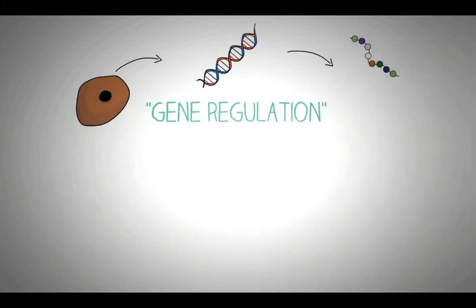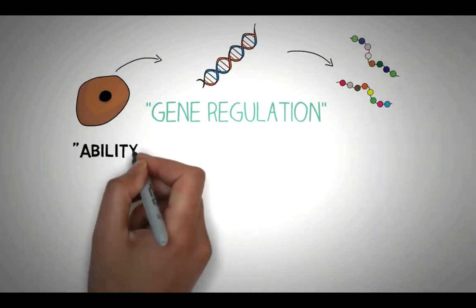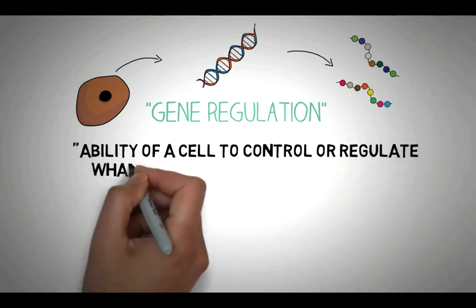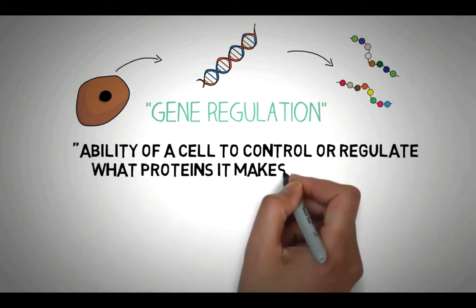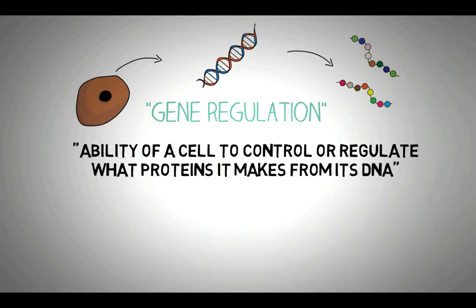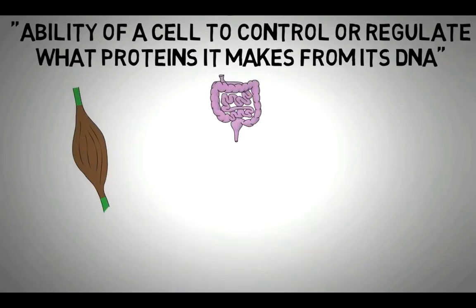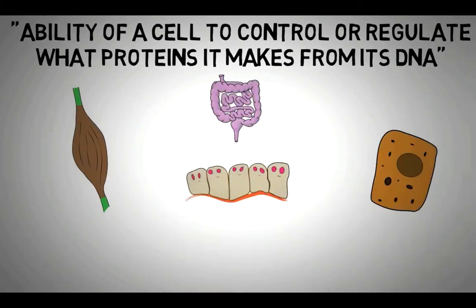Gene regulation, in the simplest terms, is the ability of an organism to control or regulate what proteins it makes from its DNA. In our body, we have numerous types of tissues and cells. We have muscle cells known as myocytes, cells in our intestines known as enterocytes, and cells in our skin known as keratinocytes.